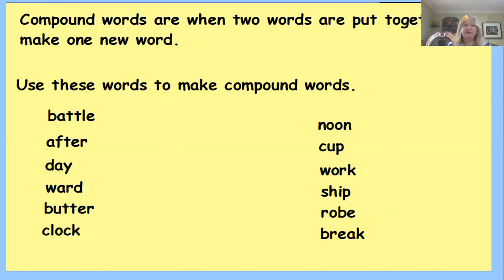I'm going to give you a couple of minutes to make up some compound words using the examples on the flipchart or on the screen here. And when you've done that, you could try and think of your own compound words. You can come up with some of your own. 2 words that make sense on their own, put together to make a new word and a new meaning. Okay, off you go.